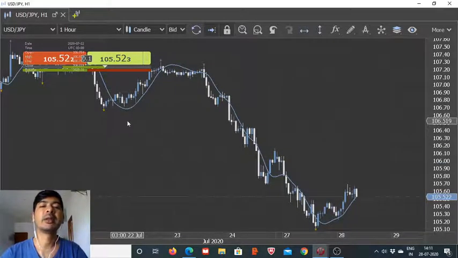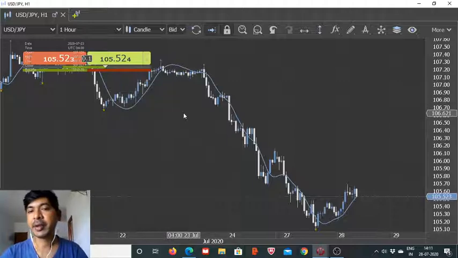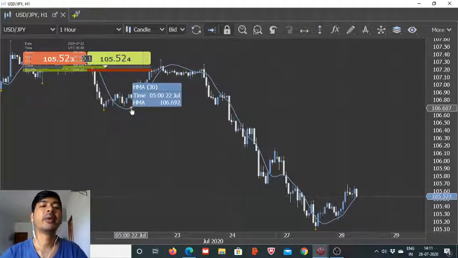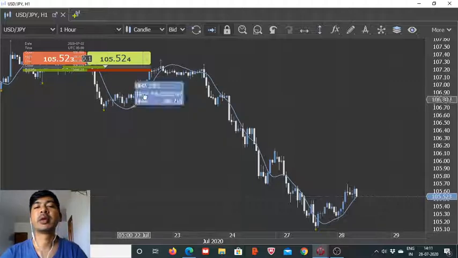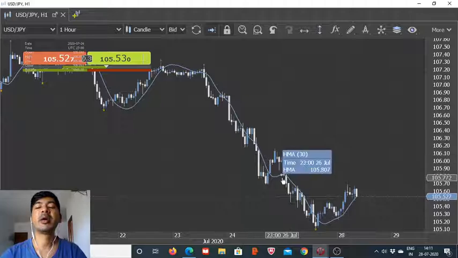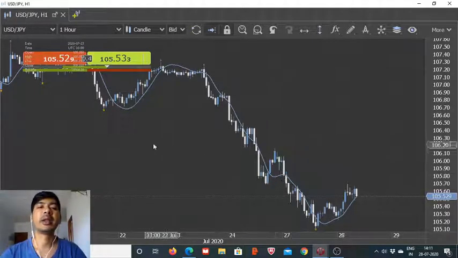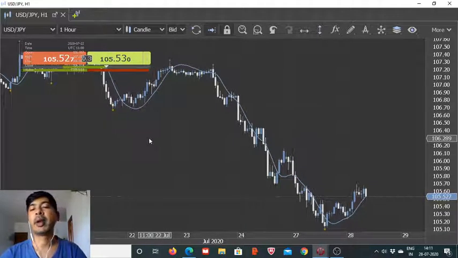But since, as I said, this HMA has a very smooth interface, and the chart is plotted very smoothly, whenever there is a price change or a momentum change you get a fairly reliable idea of where the price momentum is shifting, and that's why this HMA is used widely while designing any algorithm or even trading manually.